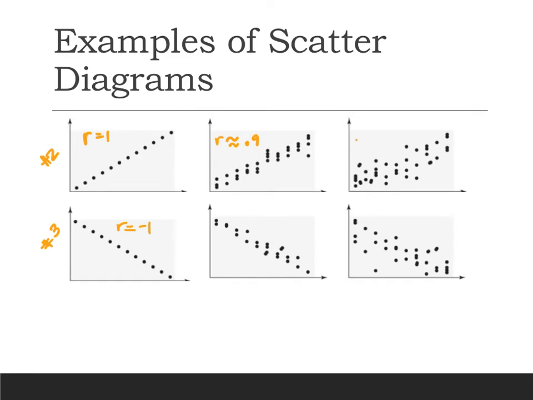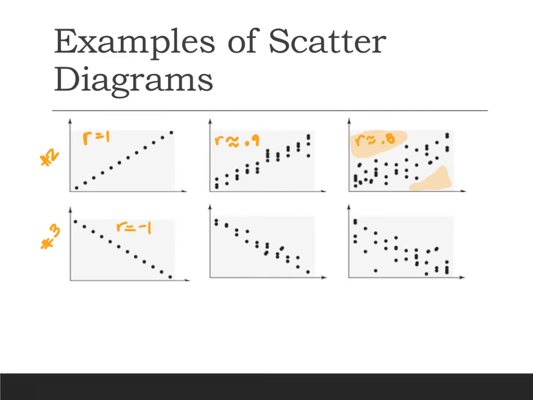This next one might be, I don't know, maybe 0.4 or 0.5. Roughly, you can tell because there are some voids. And when I say voids, I mean empty spaces. So I can see that down here's a void and up here there aren't any dots. And so I can tell that this is still a positive relationship.